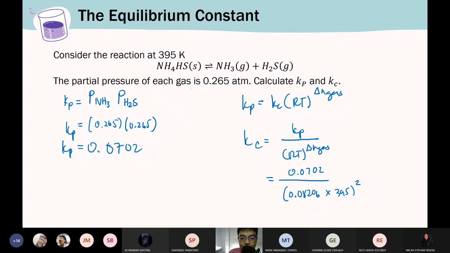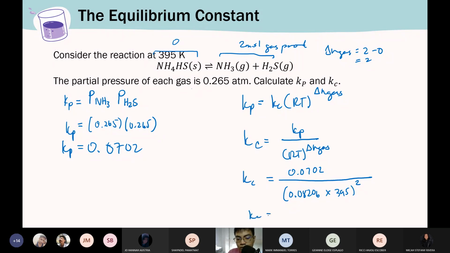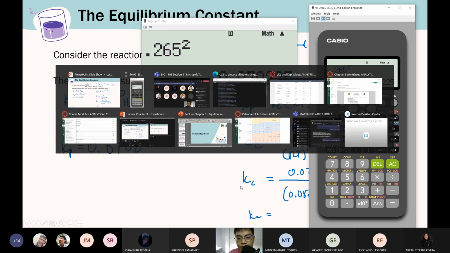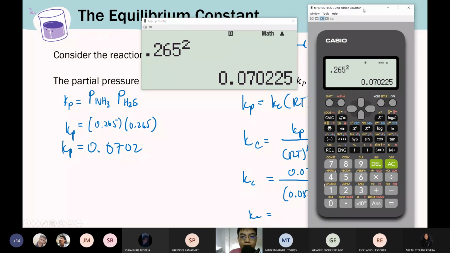Because only the product side has gas. In the reactant there is none. So, 2 moles of gas in the product, and in the reactant 0. So delta n gas is 2 minus 0. And then you will be able to solve Kc.